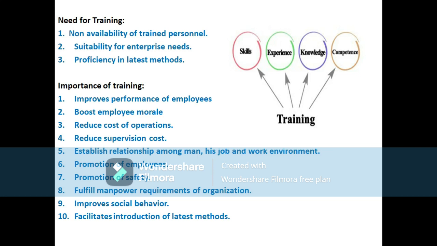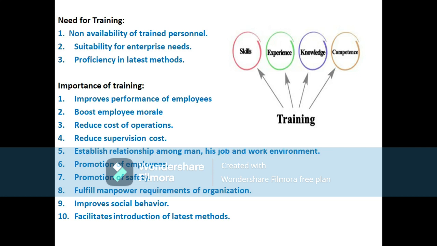Now coming to the importance of training. Training is a continuous process of imparting knowledge to employees, and it helps them in improving productivity and behavioral pattern also. We know that by giving training to employees, it increases the productivity of the organization.